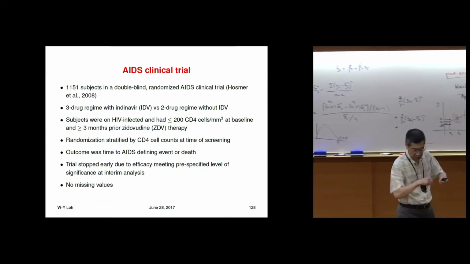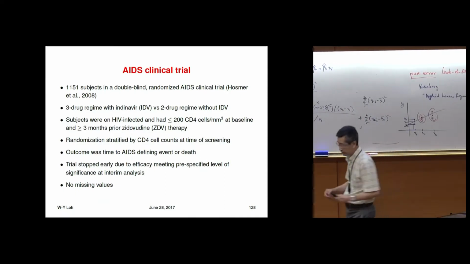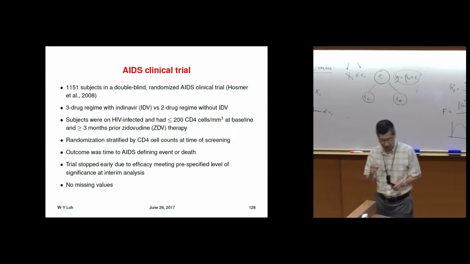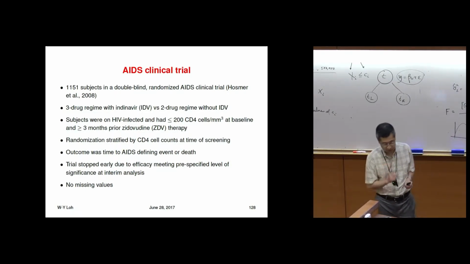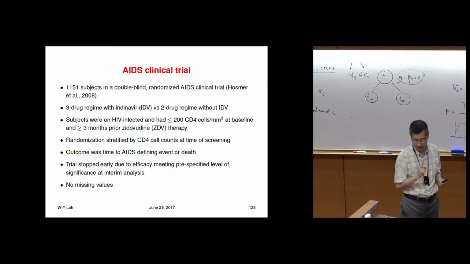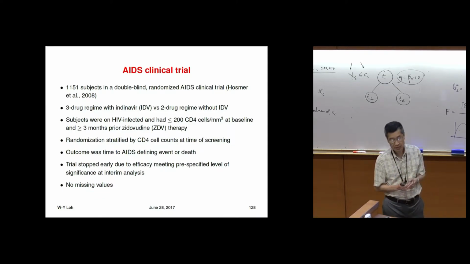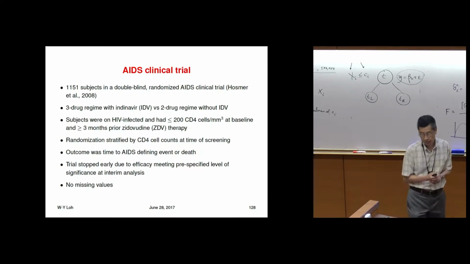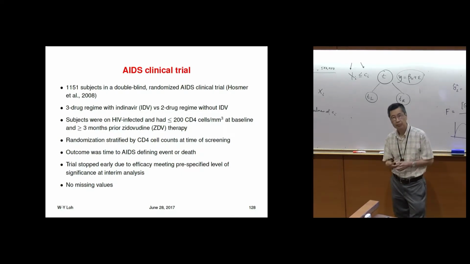So they put a few things together, and then that becomes a drug. So we're comparing here in this trial a cocktail of 2 components versus a cocktail of 3 components. The difference is that component is something that maybe is experimental. It's called IDV. And so the idea is, does IDV help to improve survival for AIDS patients?